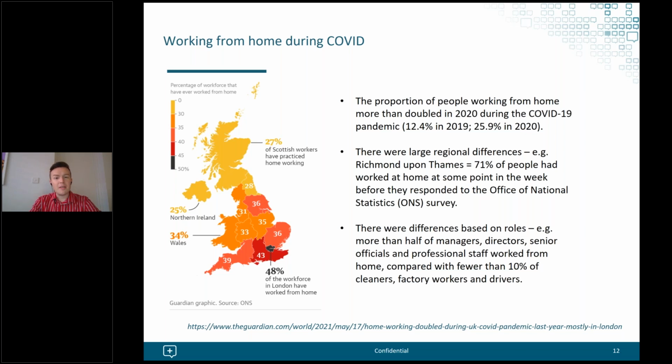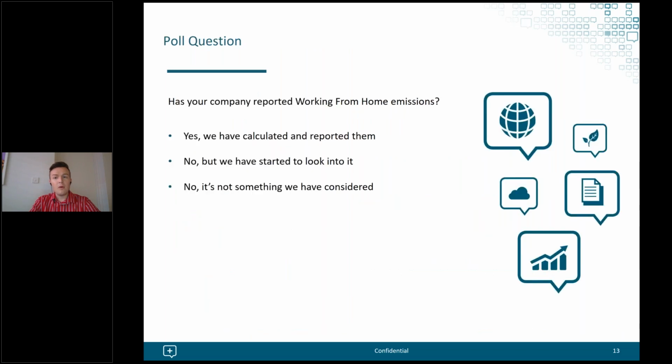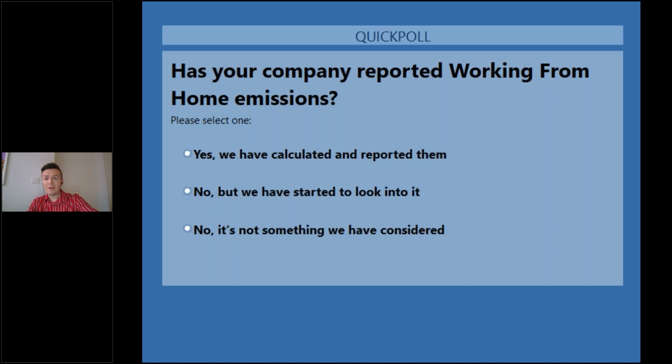So before we have a look at some of the calculations around working from home, we're now going to launch just a quick poll to poll the audience around working from home emissions. So hopefully you can now see the poll on the screen, which gives you the options to select. So has your company reported working from home emissions?